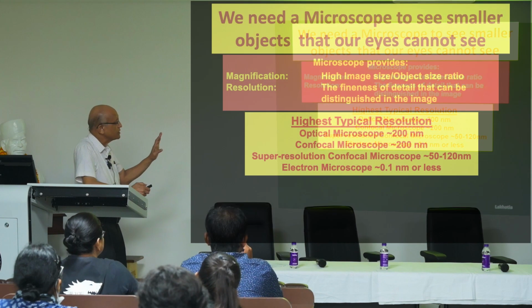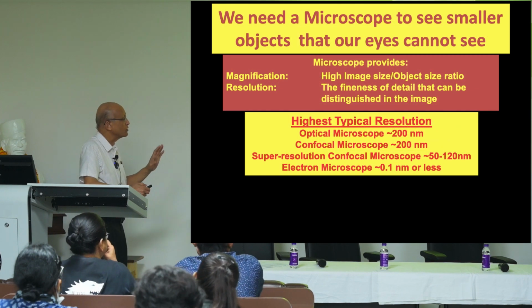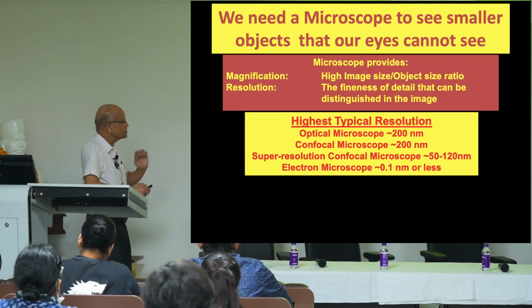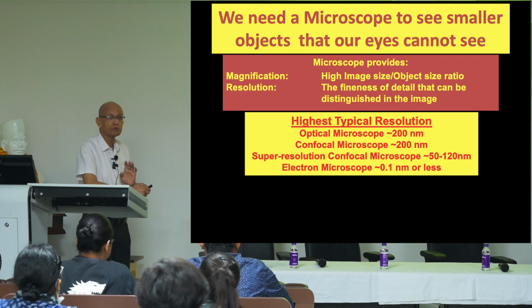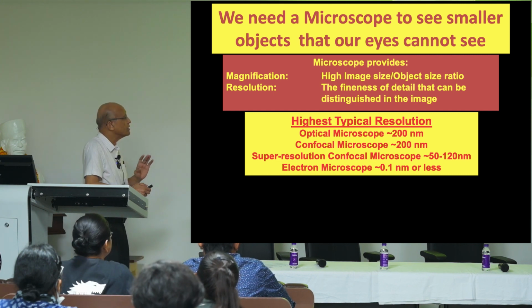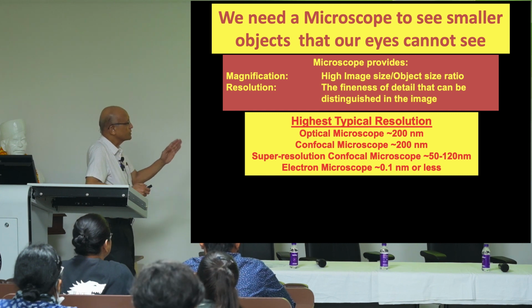The typical highest resolution that we can get with optical or confocal microscopes is 200 nanometer. That's standard. Super-resolution confocal microscopes claim that they can get up to 50 to 120 nanometer, whereas an electron microscope can go to less than 0.1 nanometer.